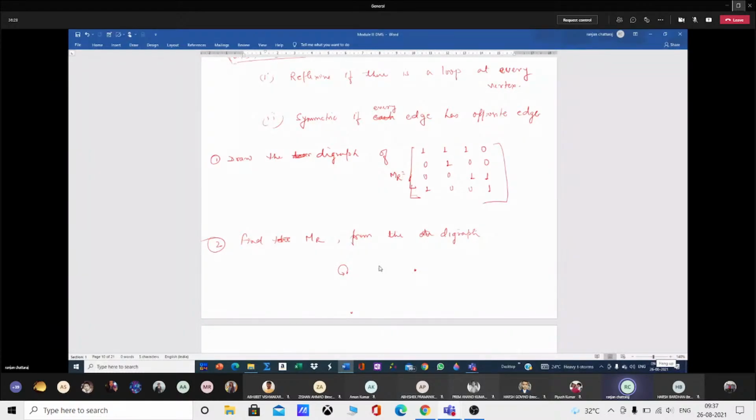You can define 1, 2, 3 or A, B, C, D, whatever it may be. Okay, solve these two.